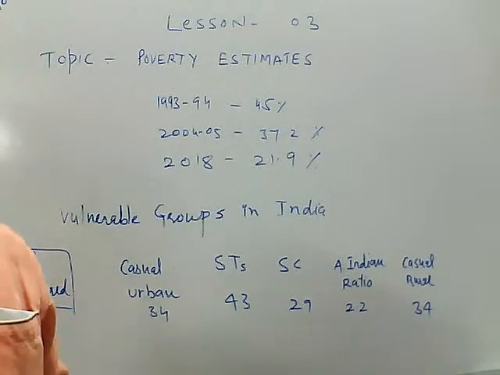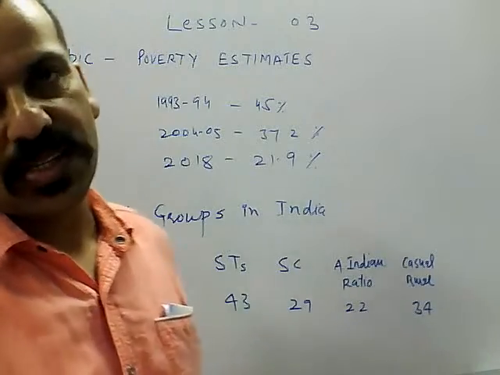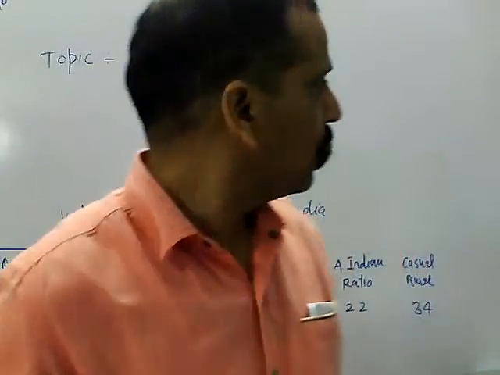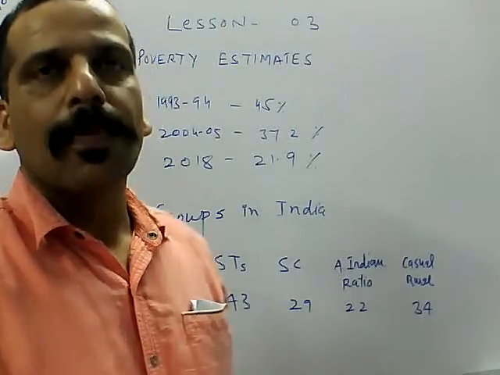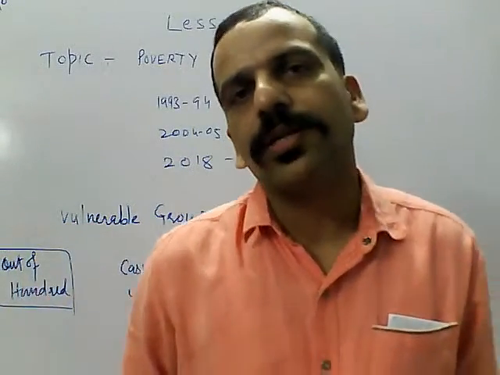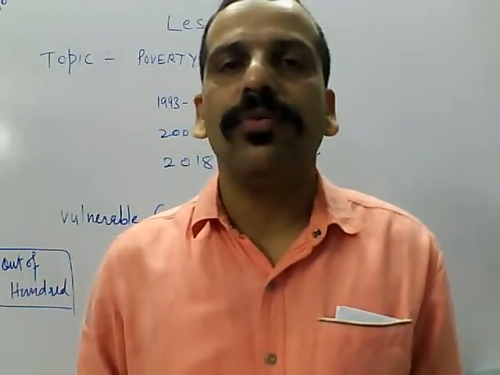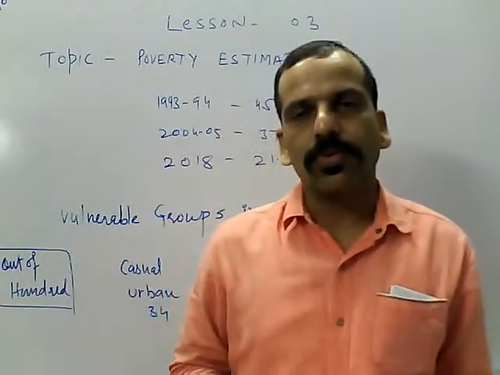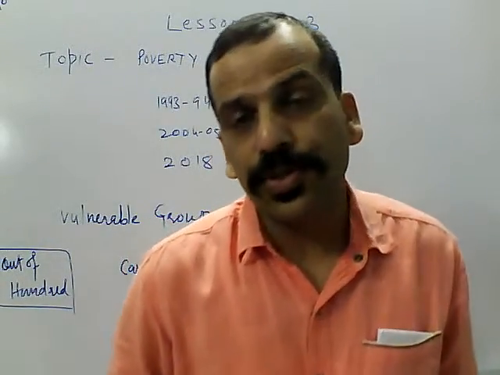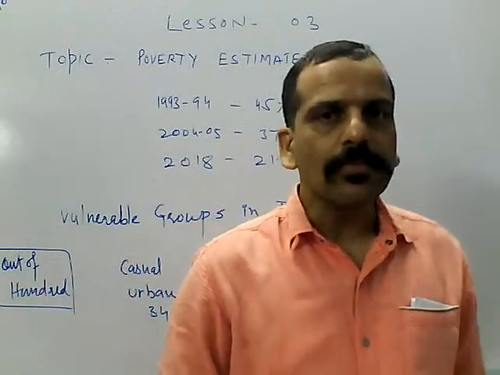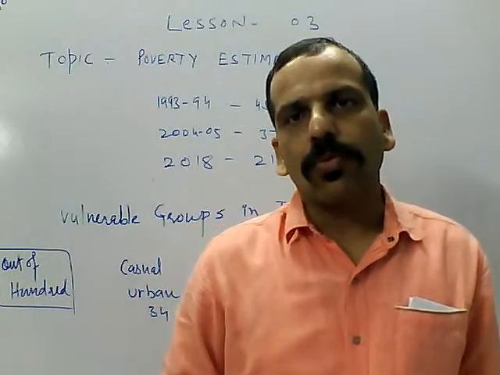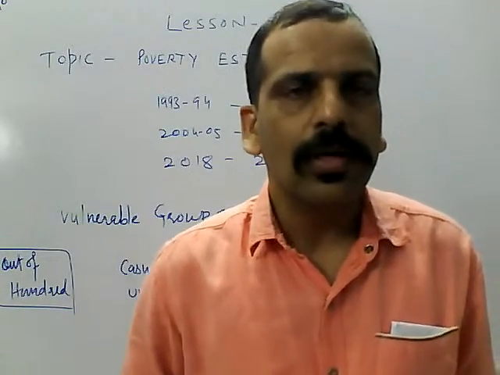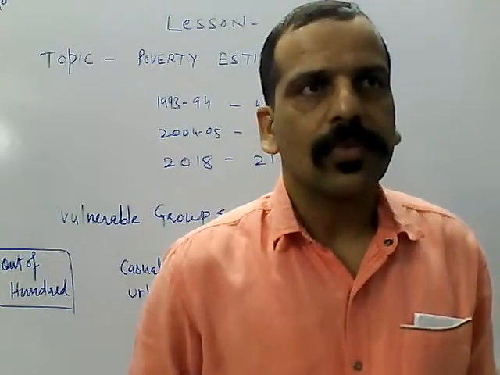So the next topic is interstate disparities. Interstate disparity means some of the states are very rich, while others are lagging behind or very poor. As you know the names of a few good states: if you talk about Punjab, Himachal, Uttarakhand, Kerala, Goa.